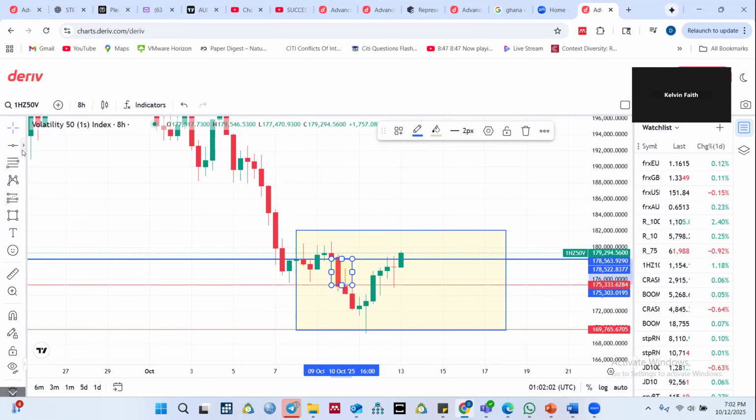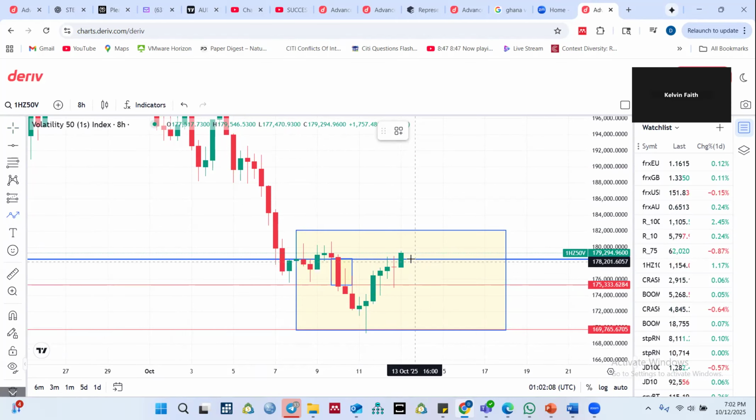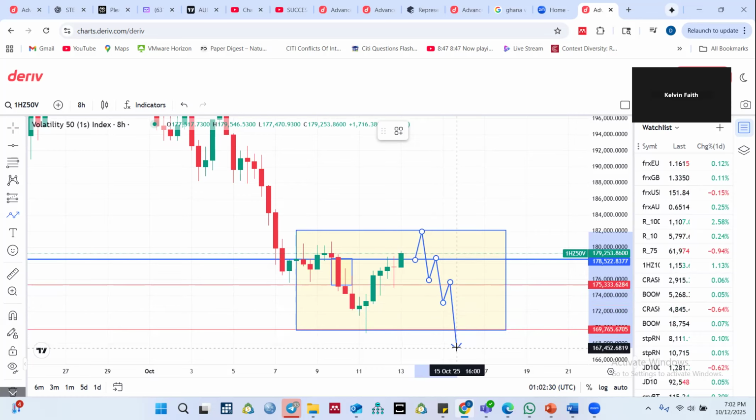Okay, but if it closes up something like this and it drops back again, another candle drops back and stays below this blue line, we are likely to have a sell. Okay, we are likely to have a sell into somewhere here.